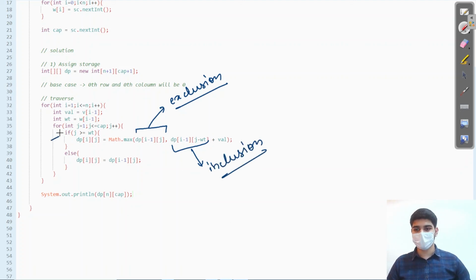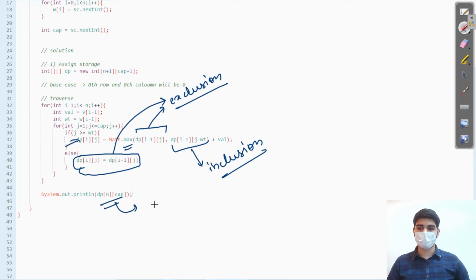And we are writing these if conditions to make sure that we don't get index out of bound. And if we are not able to include, then of course this is for exclusion. What we are doing is maximizing both of them, and we are keeping that value in the dp of i j. And at last, we would get our answer over here. So I hope you understood. You can go back and watch the dry run again and keep in mind the code that we have written.